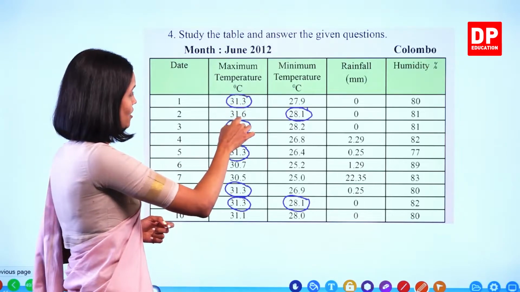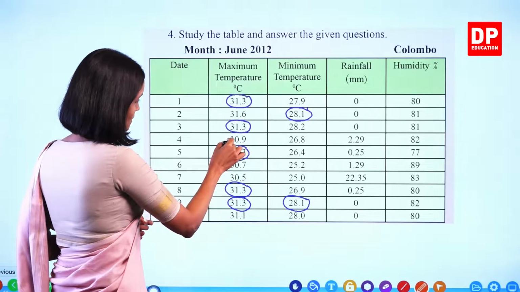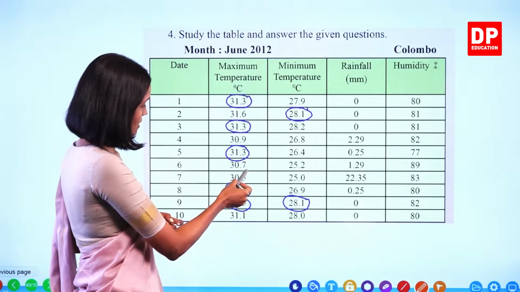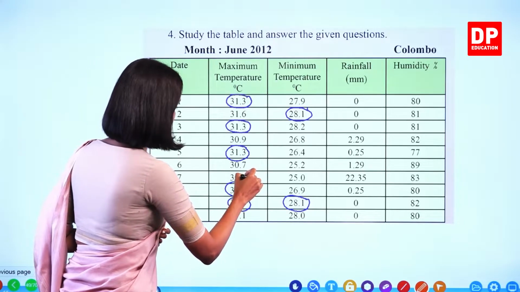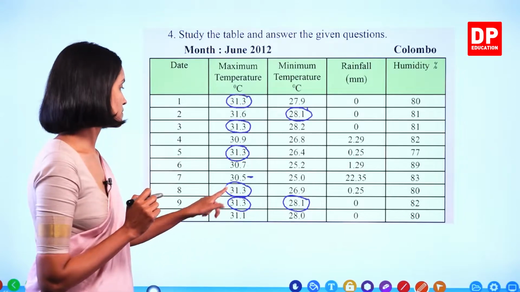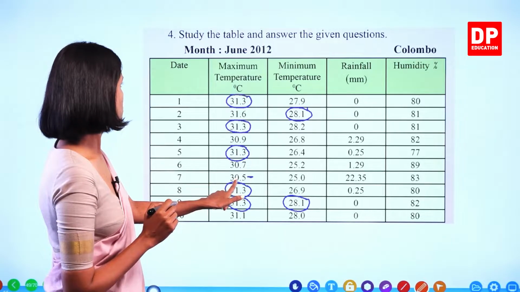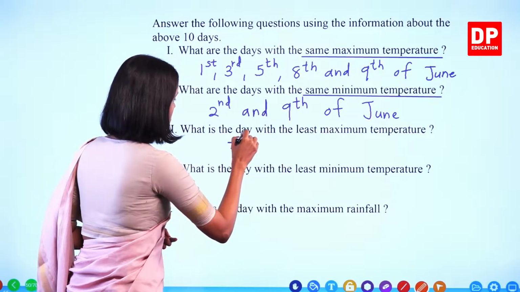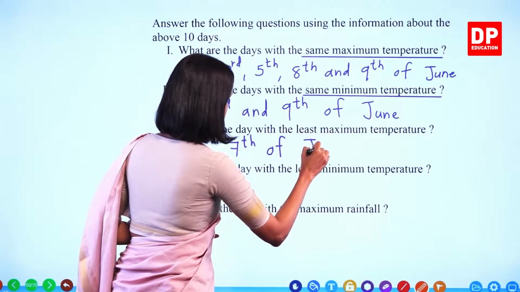The minimum one we have to find. 31, 31, 31, here 30.9, here 30.7, here 30.5. So 30.5 is the lowest one. Okay, so it is on the 7th of June.